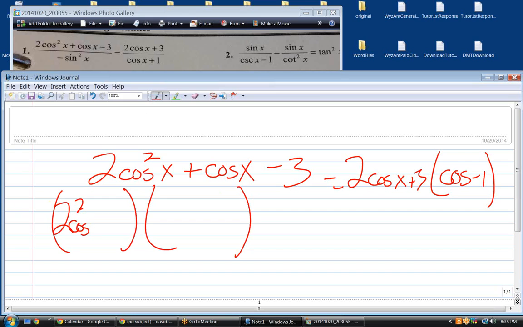What is this going to factor into? It'll be 2 cosine x plus, or then cosine x, and then plus. Doesn't factor, does it? No. See, if I put the 3 there and the 1 there, yes, it does factor.